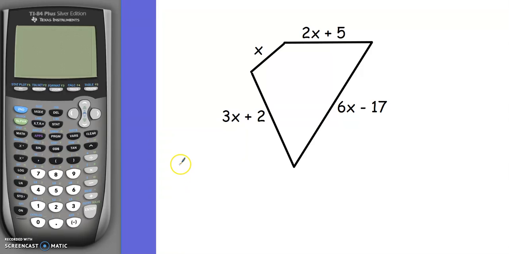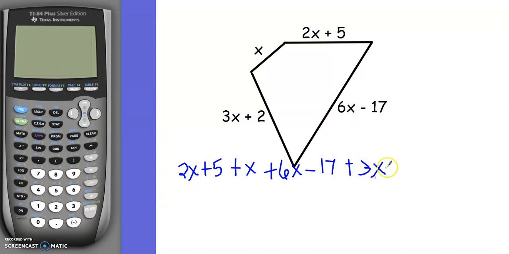So what we're doing is we're saying 2x plus 5 plus x plus 6x minus 17 plus 3x plus 2. So we've added up 2x plus 5, x, 6x minus 17, and 3x plus 2.